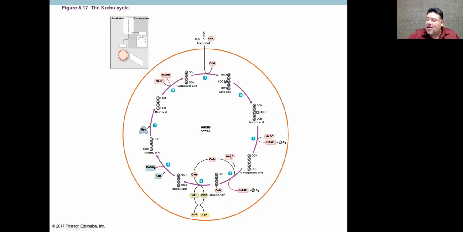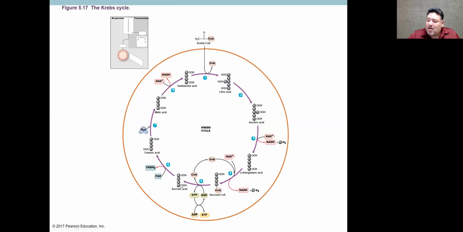See NAD come in, here's the NADH coming out. So the second NADH gets harvested and a second carbon dioxide, there it is. Okay, and as we keep on going, we notice that at step 5, we're producing guanosine triphosphate, and that guanosine triphosphate gets turned into adenosine triphosphate. So we actually get some ATP out of the Krebs cycle.